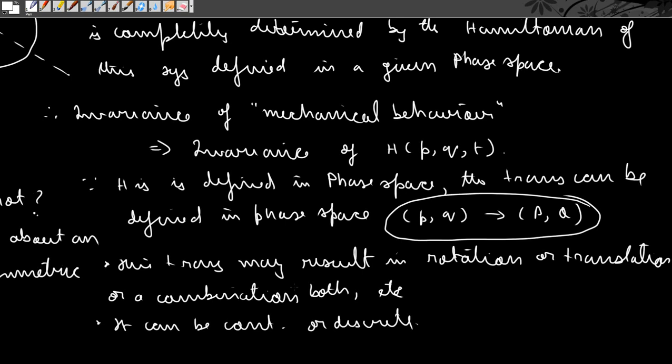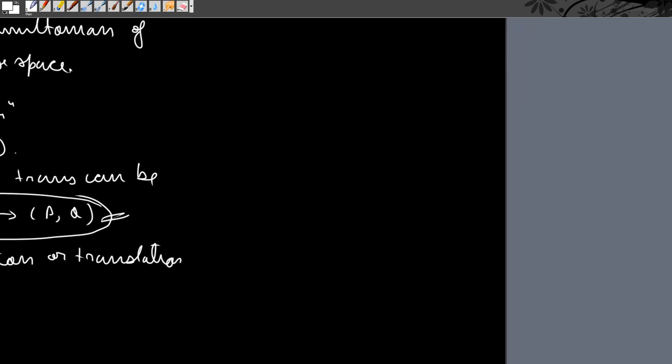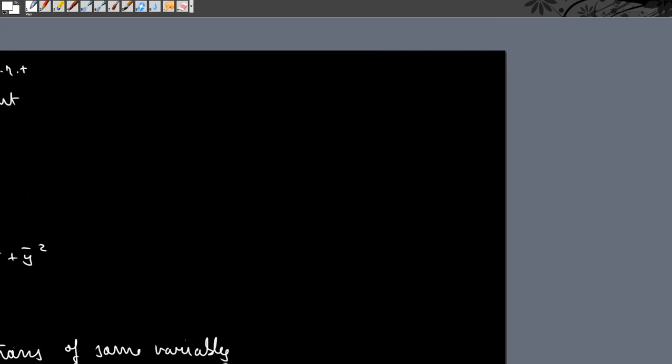And if the Hamiltonian is invariant under such a transformation, we say that the system is symmetric under that transformation. So for example, if this transformation is the same as saying that we have rotated the system by some angle about some axis, and if the Hamiltonian is invariant, we say that the system is invariant under such a rotation. Okay, and we are going to see some examples of this kind in detail in our next video. Okay, so let me just continue this.